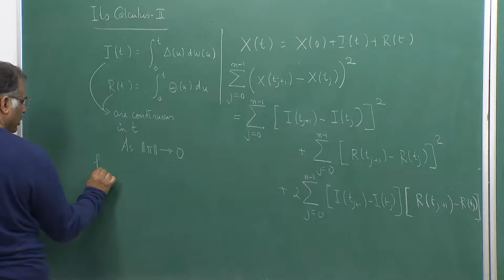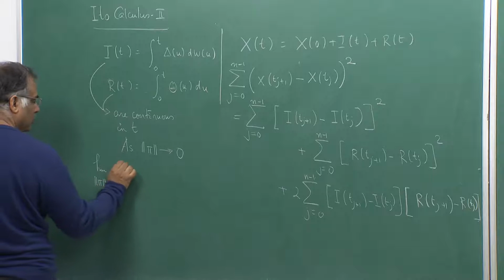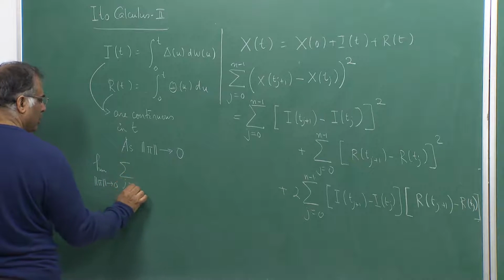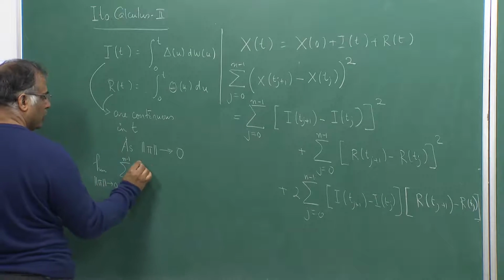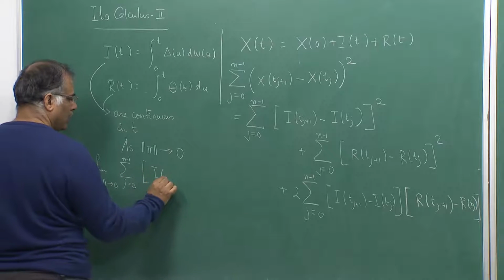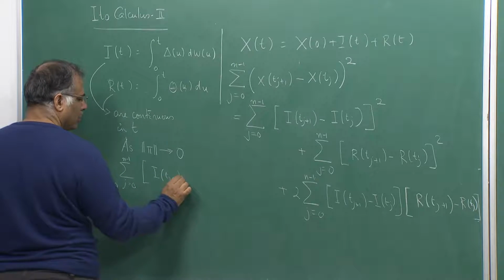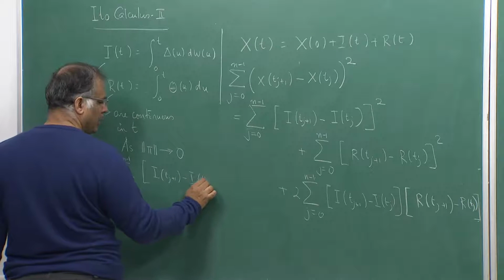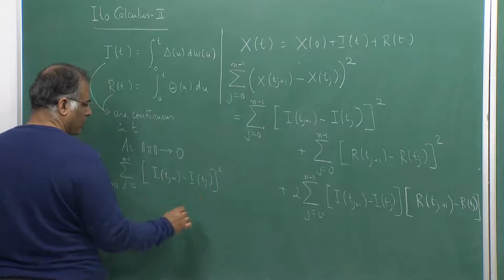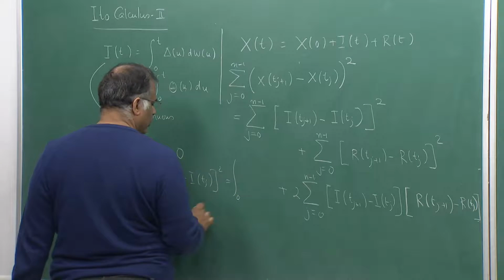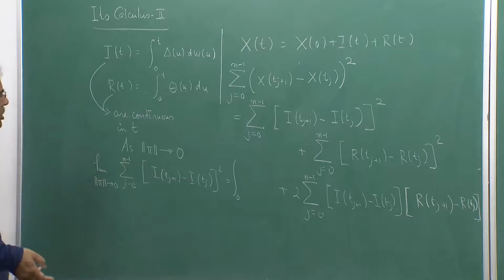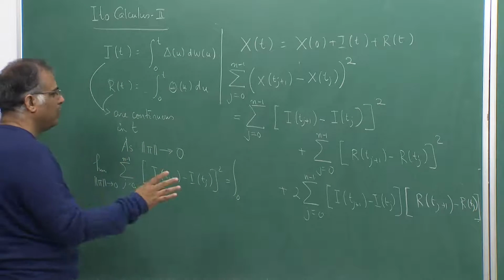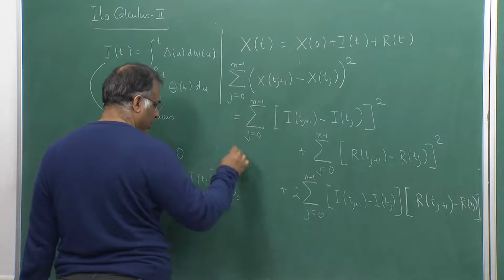So, limit pi going to 0, summation j equal to 0 to n minus 1 I t j plus 1 minus I t j whole square actually gives you the quadratic variation of the Ito process, which is nothing but the quadratic variation associated with the Ito integral. That's the key idea.